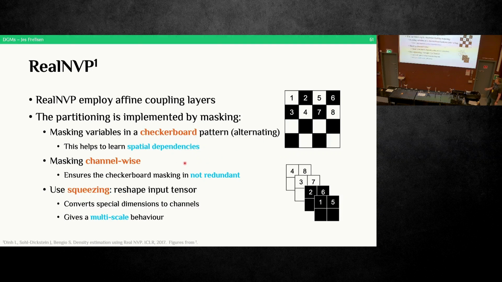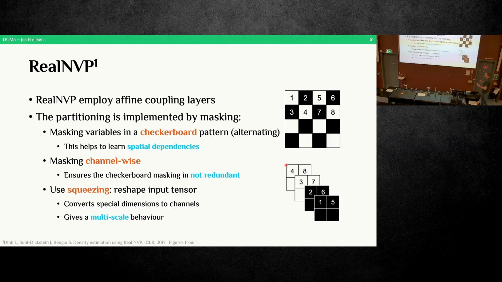Then they also do some channel-wise masking, so if they have multiple images with multiple channels that they're modeling, sometimes they mask some of the channels, and sometimes they mask other channels. And then they also do some squeezing of the input tensor. So they take this one and squeeze it into multiple channels, and then they do masking in the multiple channels.